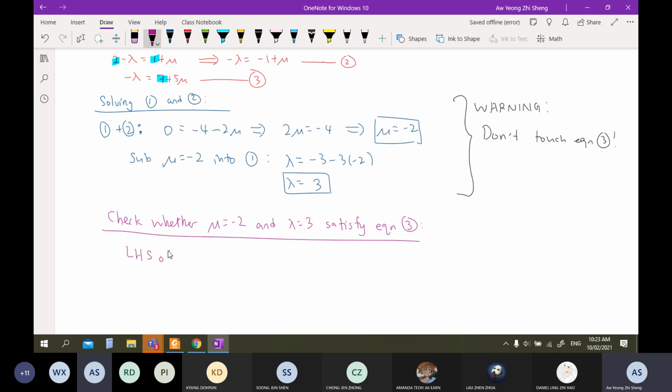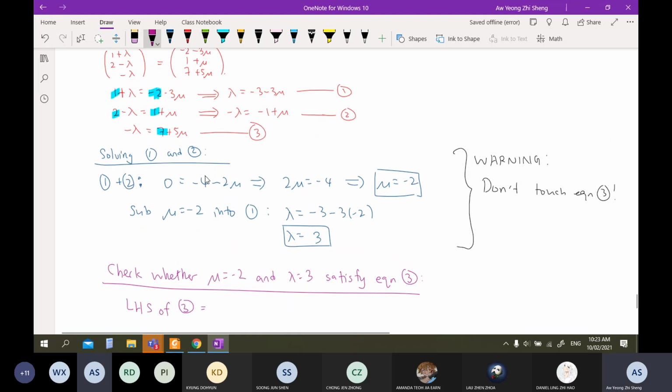So you would write left hand side of equation 3 is minus lambda. You can actually sub the value of lambda straight away. I just choose to do it a bit slower. I just copy minus lambda first and only I write minus 3. It's actually okay to jump.